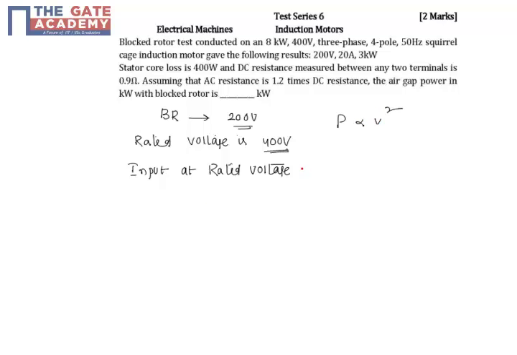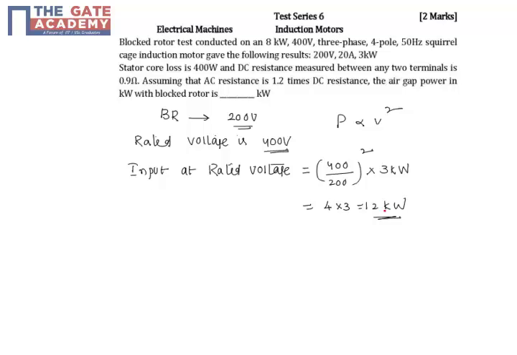So input at rated voltage is equal to (400 by 200) whole square into 3 kilowatt, because he has conducted the test at 200 volts. So this is equal to 4 into 3, which is 12 kilowatts. This is the input at rated voltage.